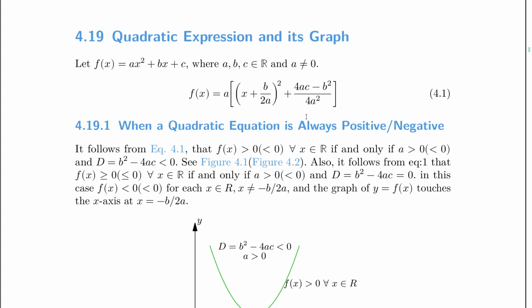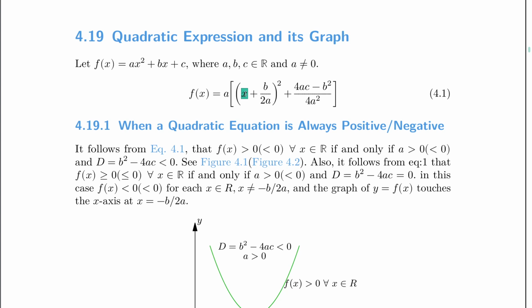Why? The reason you ask me why is that when you study functions in more advanced topics, you will see that as x becomes large, this squared term will dominate the entire expression.